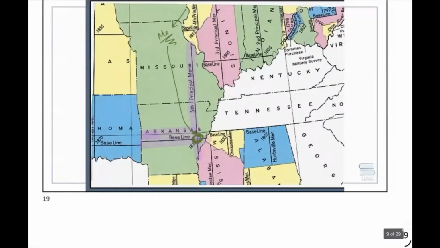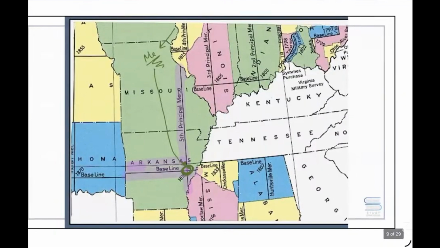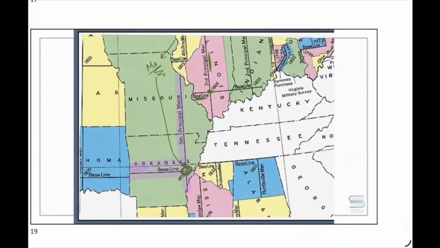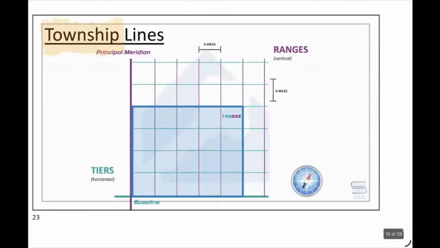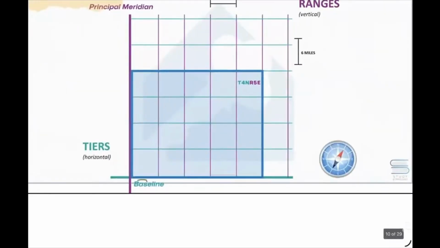So let's say we were in Illinois. You've got a baseline and a principal meridian. For whatever colored section it is on the map, you would have a baseline, which goes all the way across. That's your baseline.